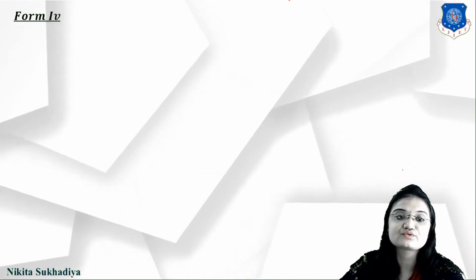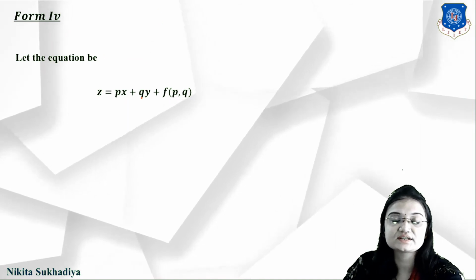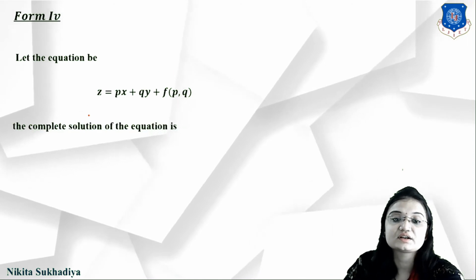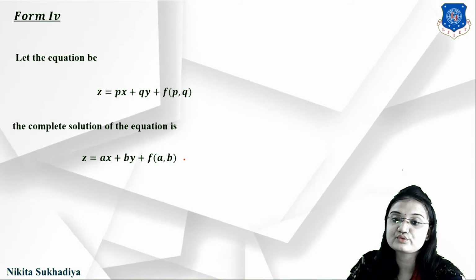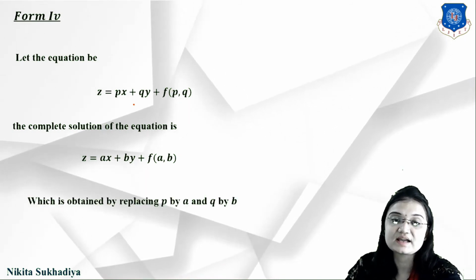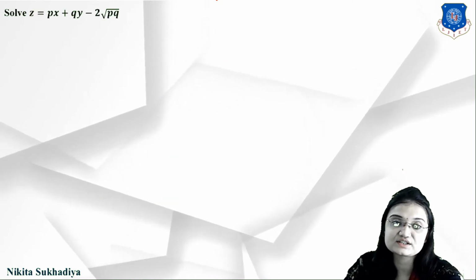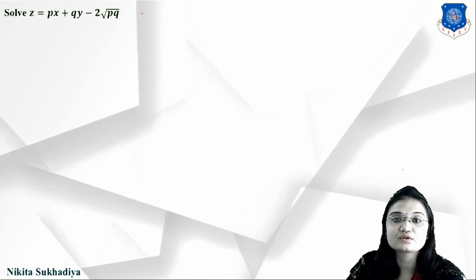Okay, next is form 4, that is, let the equation be z is equal to px plus qy plus f(p, q). Then the complete solution is z is equal to ax plus by plus f(a, b), by directly replacing p by a and q by b. Okay, let us understand with an example: solve z is equal to px plus qy minus 2 square root of pq.